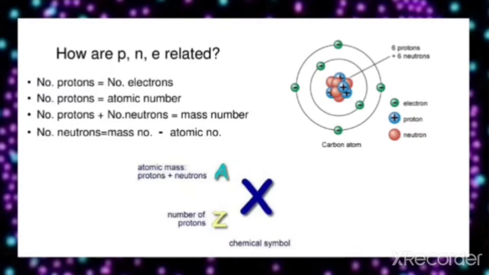By writing the symbol of that element, and we write the atomic number just below it, and just above it we write its mass number.